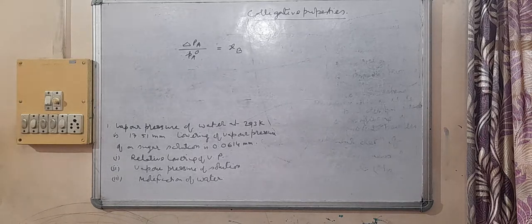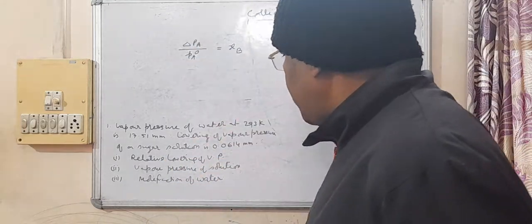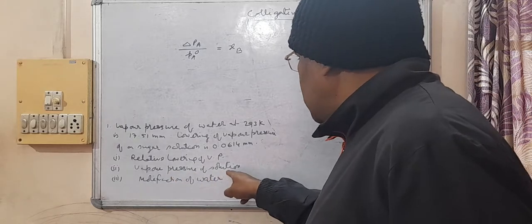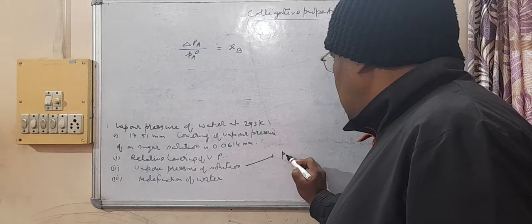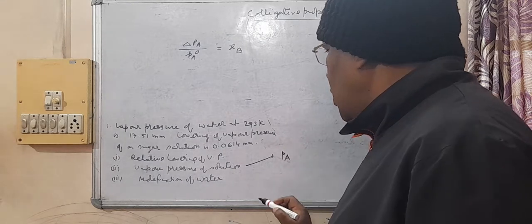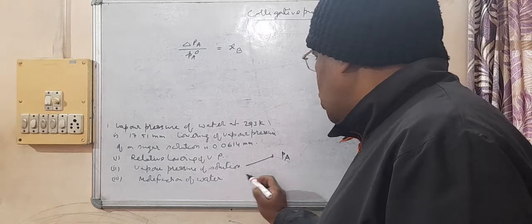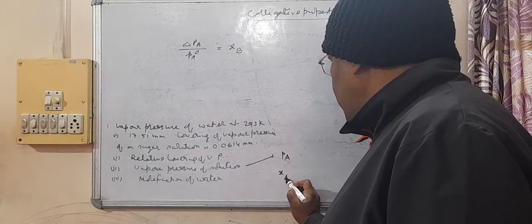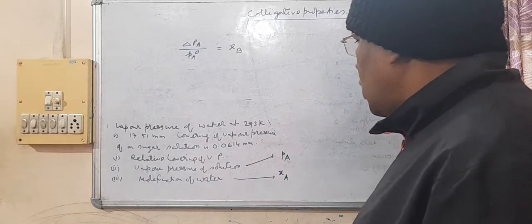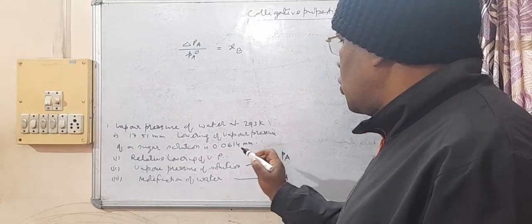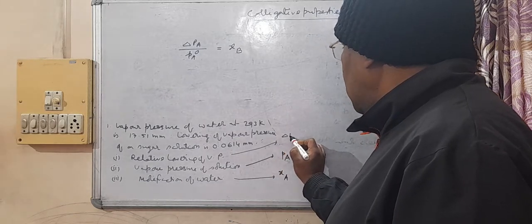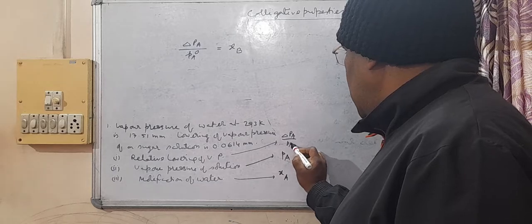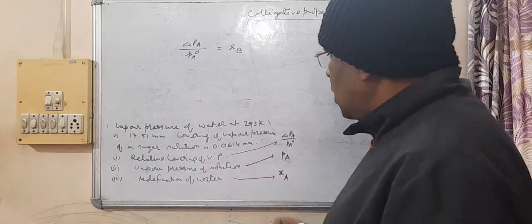We have to find the relative lowering of vapor pressure, the vapor pressure of solution, that is PA, and the mole fraction of water, chi A. These are the things we have to find.